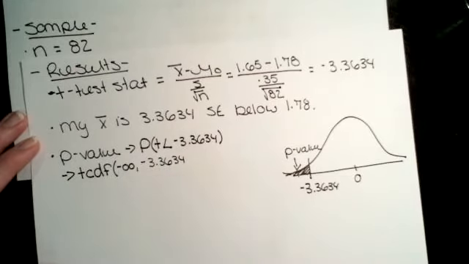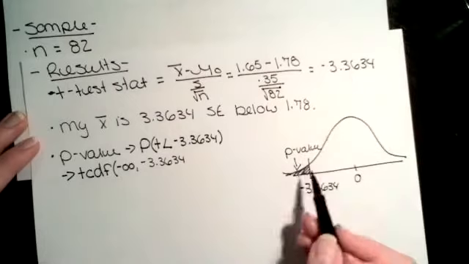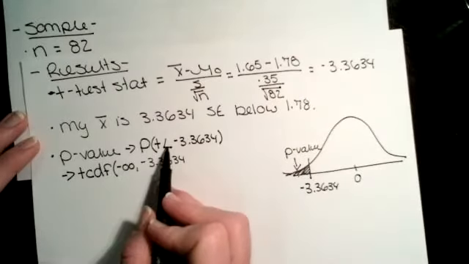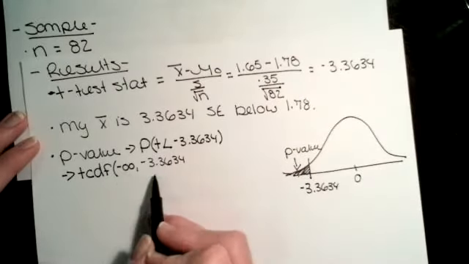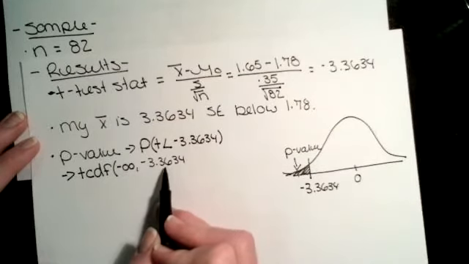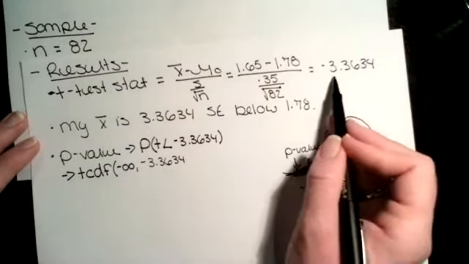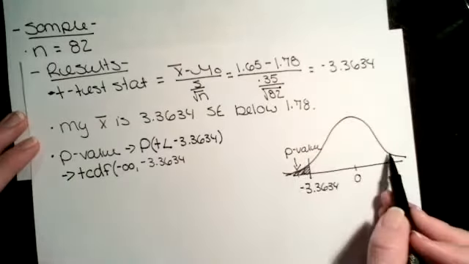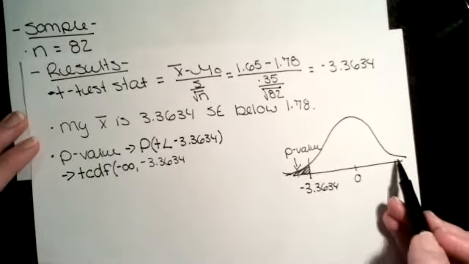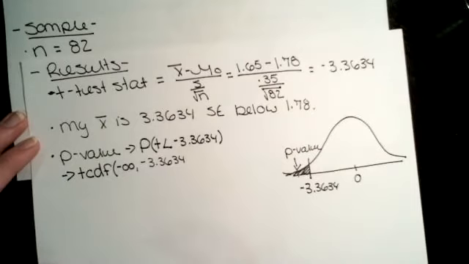Guys, just as a tip, if your test statistic is negative, it's always on the left, you're always doing less than. You're always going to do negative infinity up to that test statistic, that negative. If your test statistic comes out positive, you're on the right. Your test statistic is your lower bound, and then infinity is your upper bound. It's always the same thing, okay?